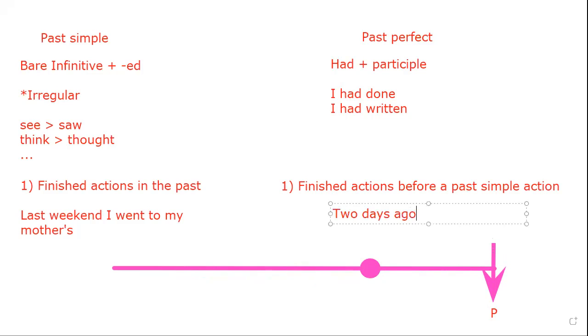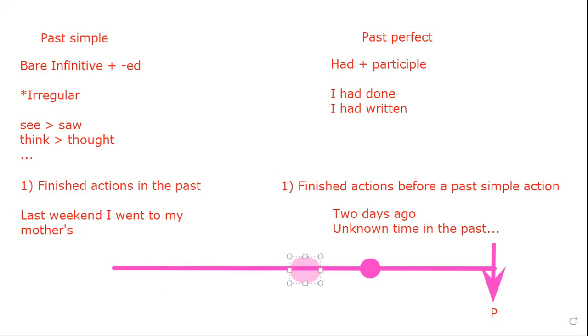It could be a specific date, or it could be unknown. The important thing is that it happened in the past. Right, so then here we will be finding our past perfect action.